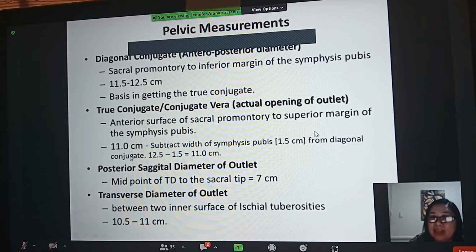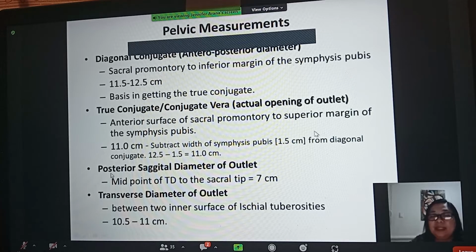So you will get a true conjugate of 11 cm. Again, diagonal conjugate of 12.5 minus width of the symphysis pubis of 1.5 equals 11 cm. Therefore, the average measurement for the true conjugate or the conjugate vera is 11 centimeters.